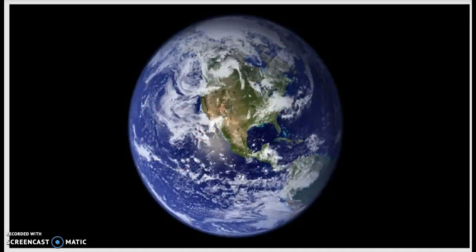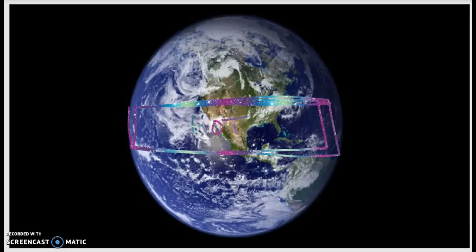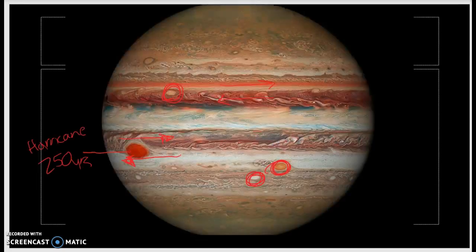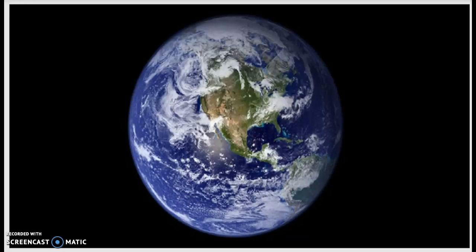Another thing that's unique about Earth is that it heats differently. So we know that in the equator of Earth, it is relatively hot. Can't see that very well. In the poles, it's relatively cold. And so what that difference of temperature does is it causes weather to also be different. And we see that with weather patterns changing.